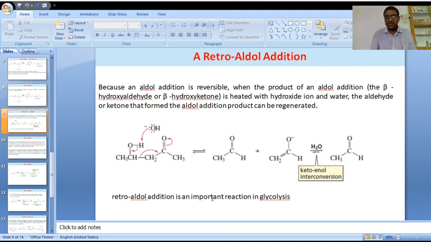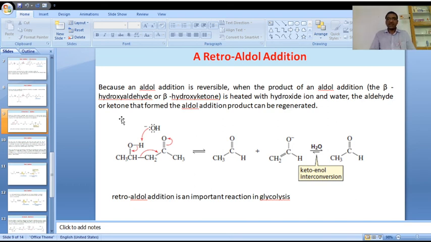Here this is the reverse reaction, the reverse aldol addition reaction. That reverse reaction is called a retro-aldol addition reaction, because an aldol addition is reversible.